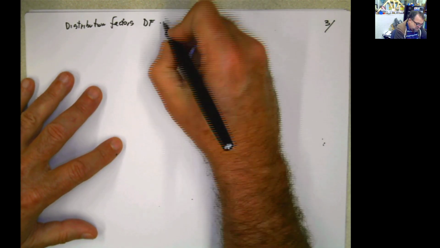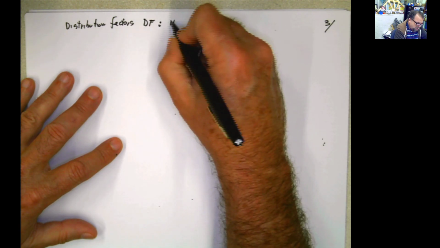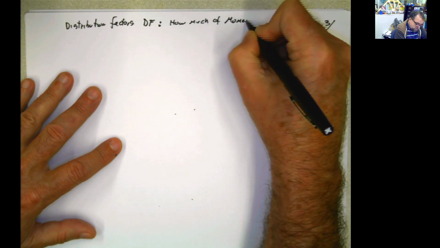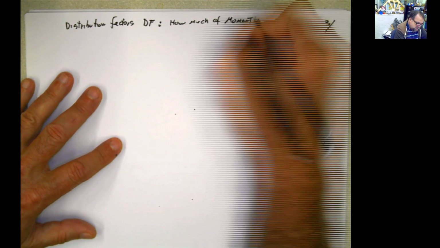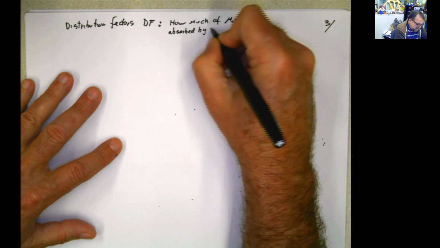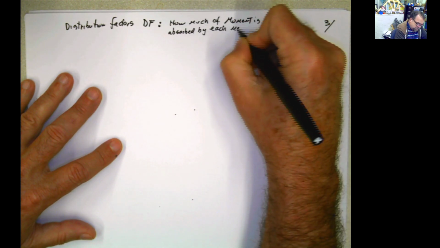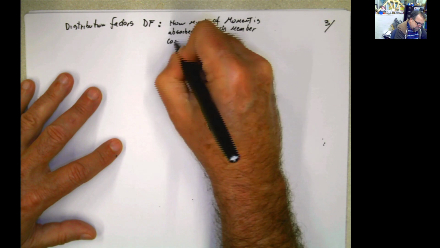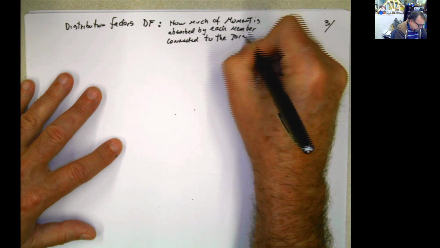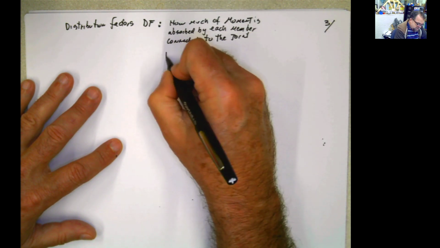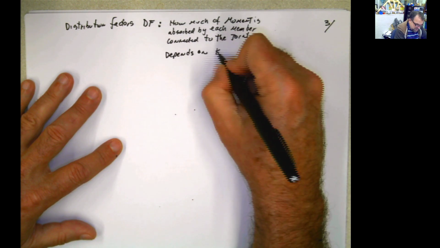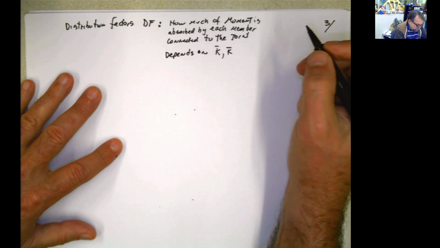So basically the distribution factor tells you how much of the balancing moment is absorbed by each member connected to the joint, and of course, it depends on the bending stiffness K.